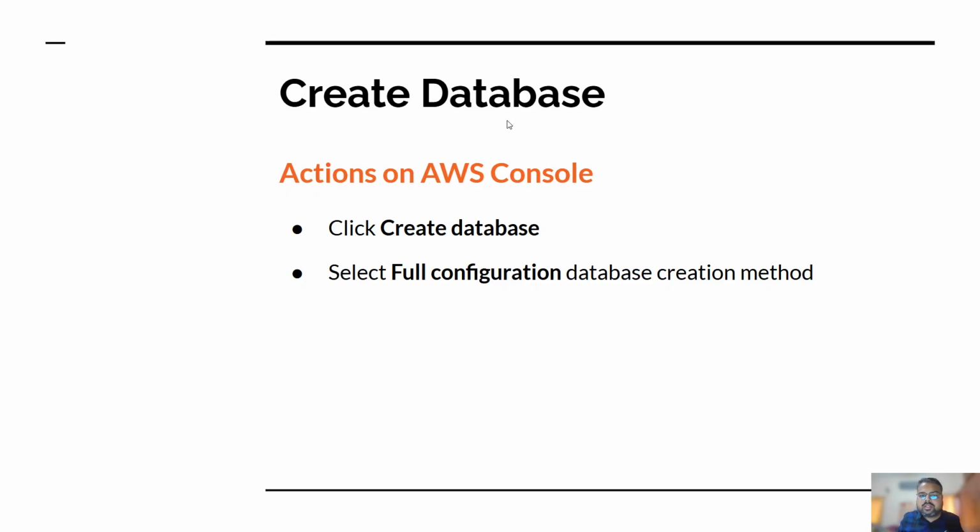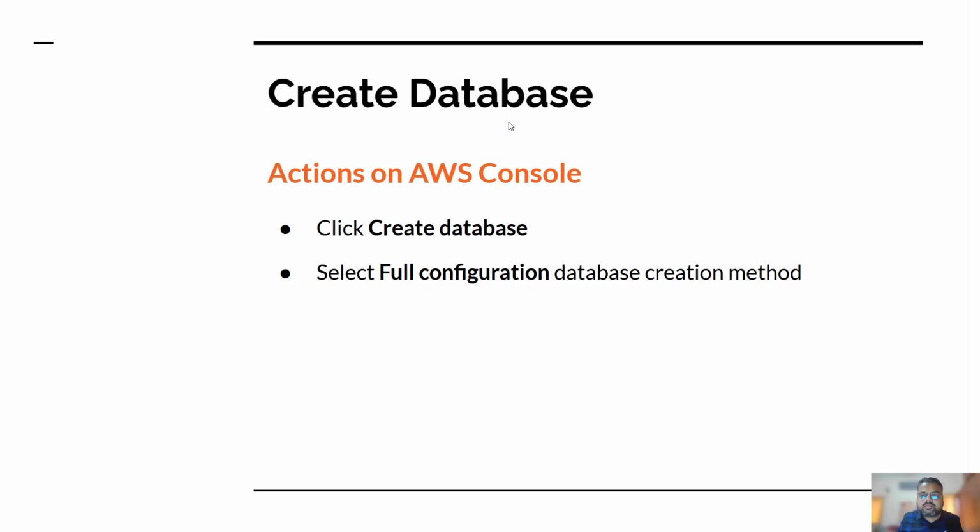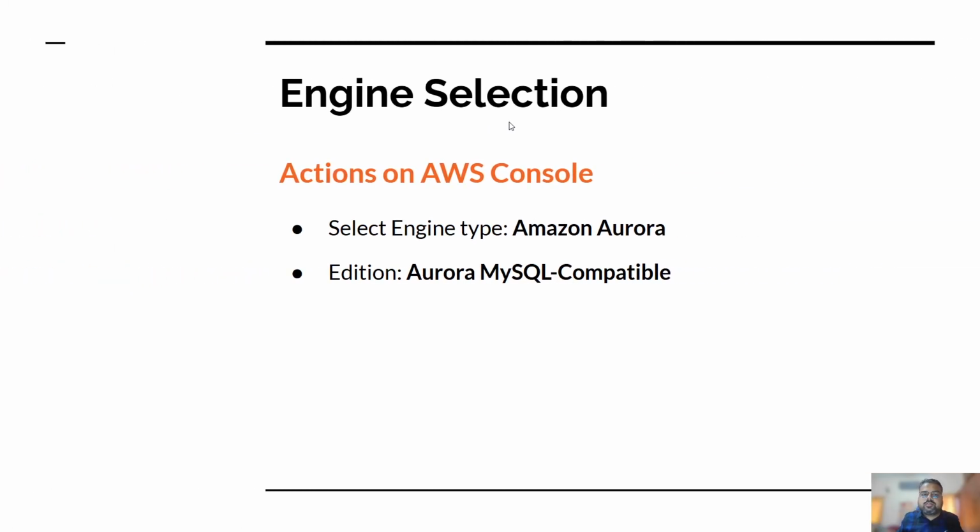This we have already selected. Let's move on. What is the engine selection? Engine selection is the type of database engine provider we are going to use, whether it is MySQL, PostgreSQL, or SQL provided by Oracle or IBM or some other traditional databases, which are relational in nature.